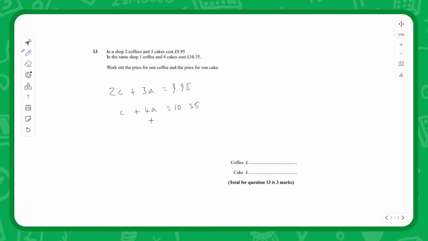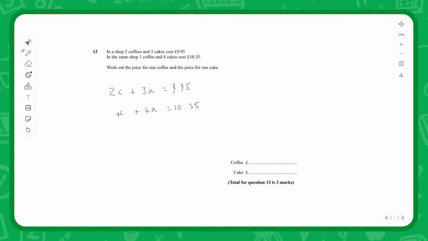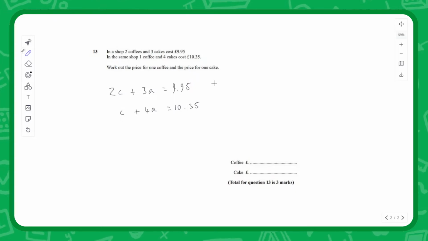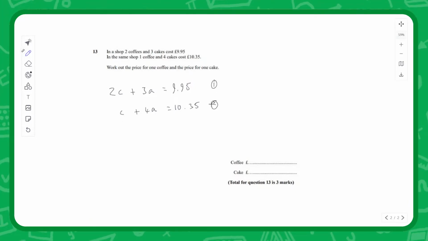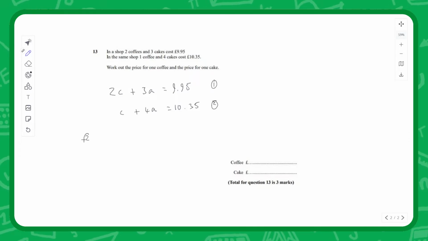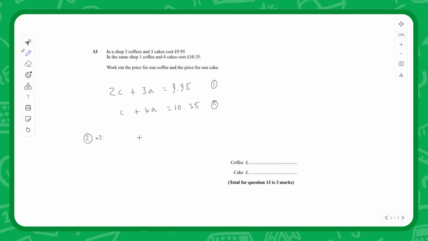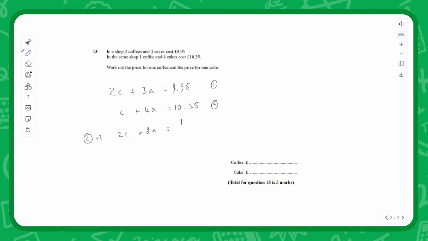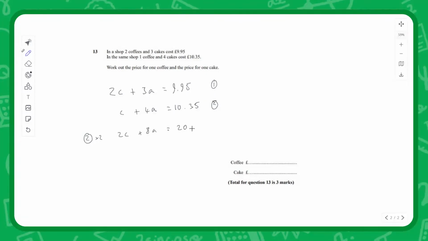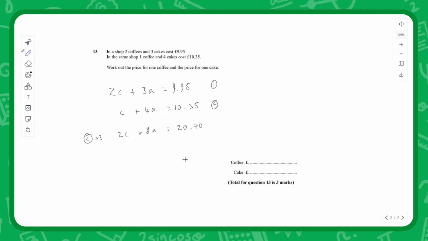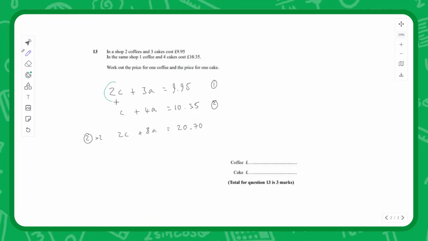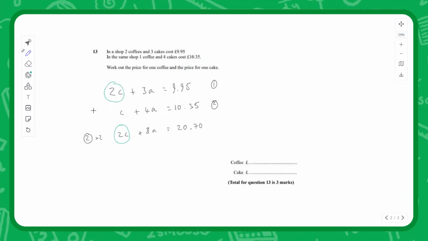So it probably makes sense to use method 1 for this, right? Because we've got 2c here and c here. If I call these equation 1 and equation 2, I can take equation 2 and times it by 2. That's going to give me 2c plus 8a equals £20.70. And what we see here is we've got a 2c term and a 2c term.